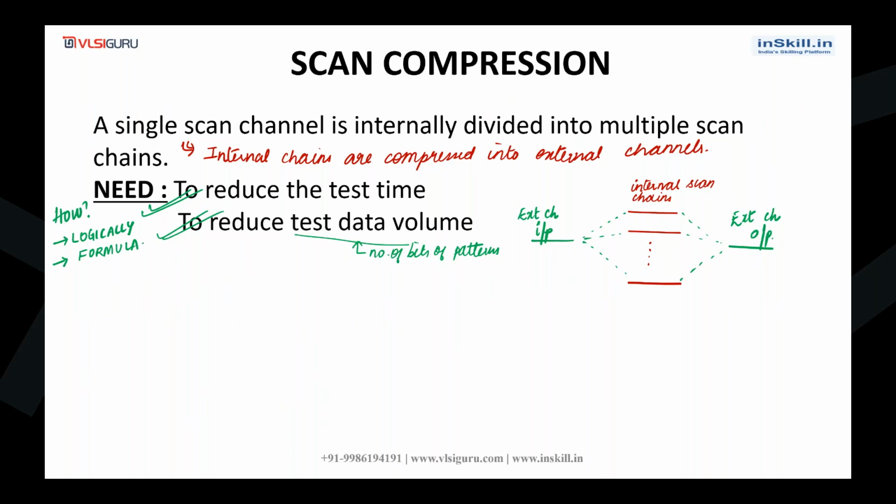We will substitute the values of the quantities given in the formula and observe what happens with compression and without compression. So in both ways, logically as well as with the help of formula, we will explain how scan compression reduces the test time and the test data volume. Test data volume is nothing but the number of bits of patterns.